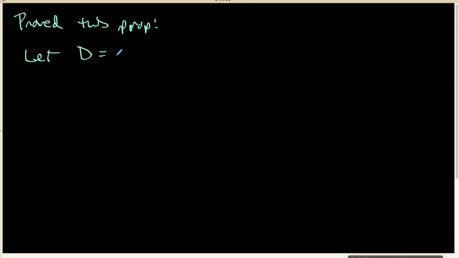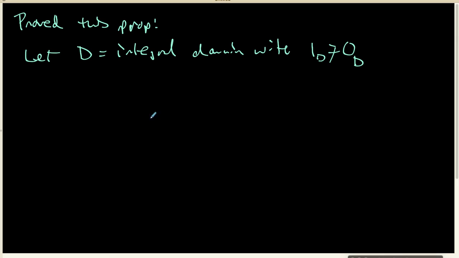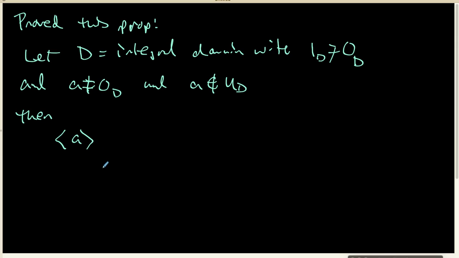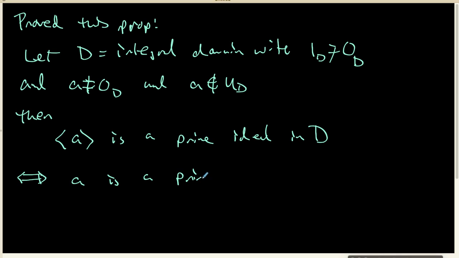If I have an integral domain with the property that 1 and 0 are not equal to each other, and I take a non-zero element A that is a non-unit, then we know the principal ideal generated by A is a prime ideal inside my domain D if and only if A is a prime element inside my domain.